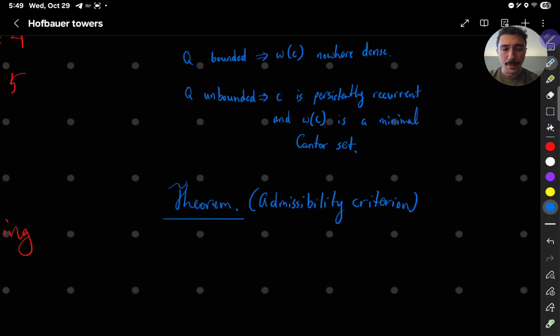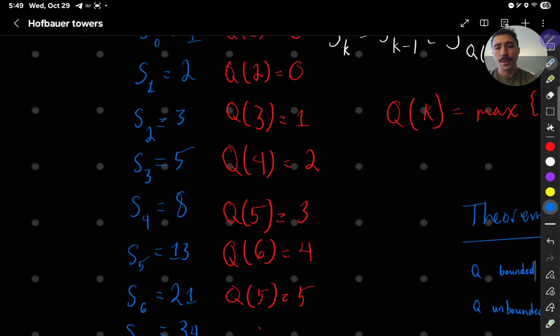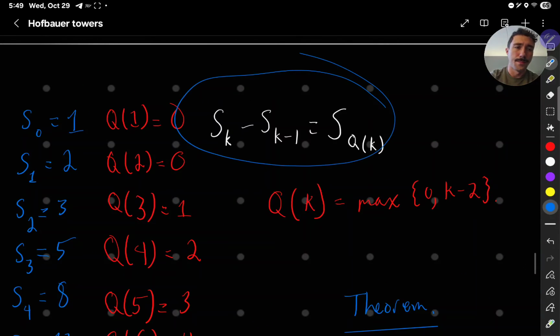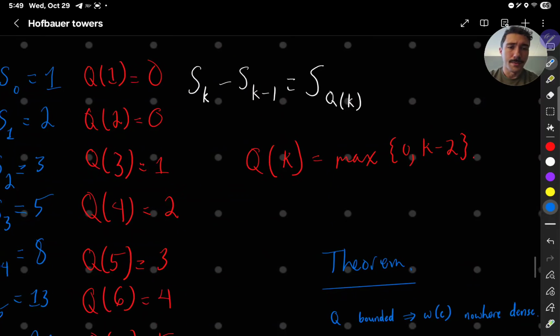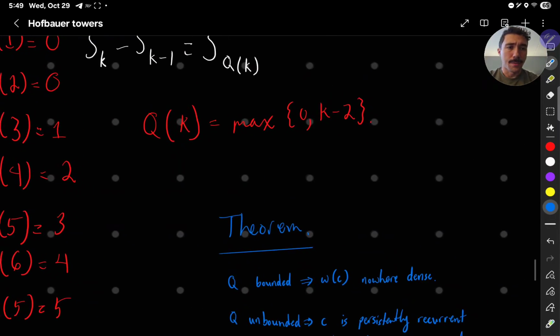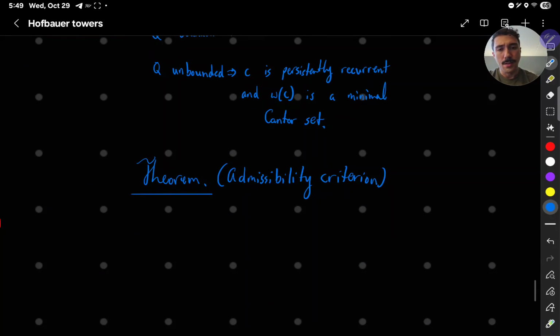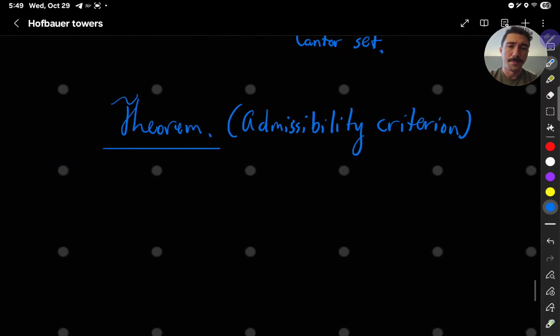But it's actually possible that you constructed a kneading map where there's no way to reconstruct the cutting times, because you need this property to be satisfied. And that can fail if you just give me an arbitrary function as the kneading map. And also there can be no unimodal map that has the particular kneading map that you hand me. So the admissibility criterion says which kneading maps actually correspond to unimodal maps of some sort.